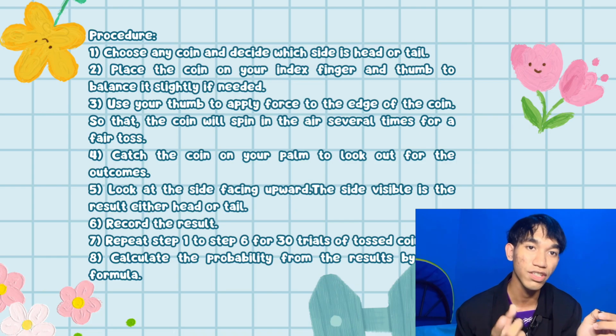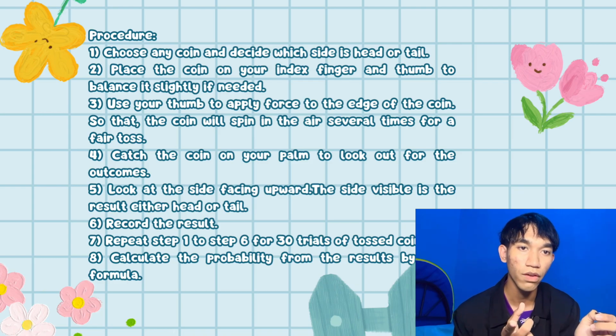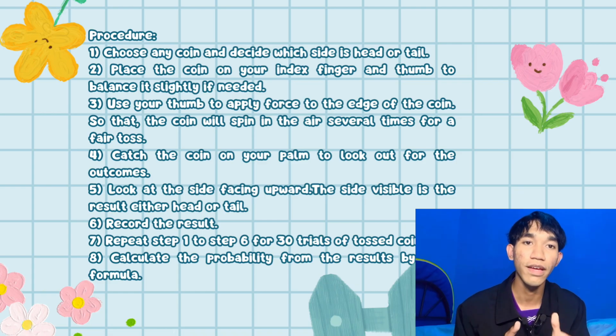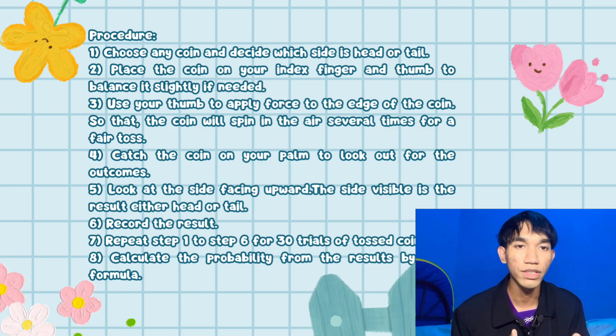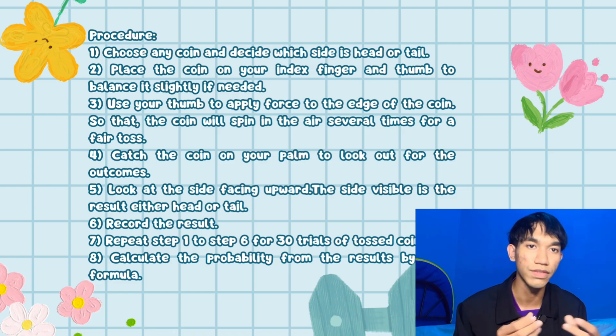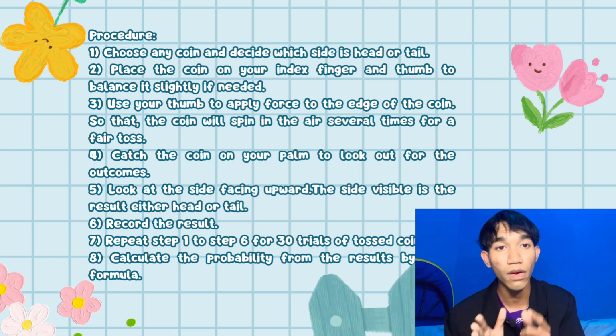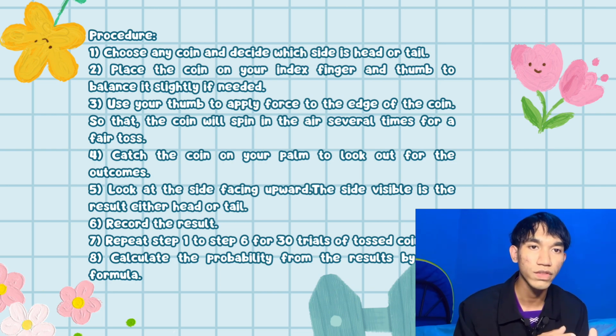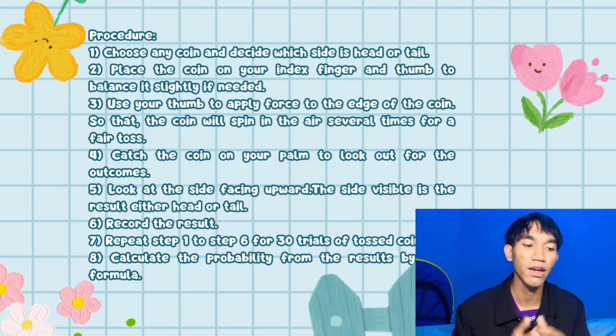Then catch the coin on our palm to look at the outcome, for example like this, right? Look at the side facing outward. The side visible is the result, head or tail. Record the result and repeat the steps until 13 trials of the coin, and then calculate the probability from the result by using the formula.